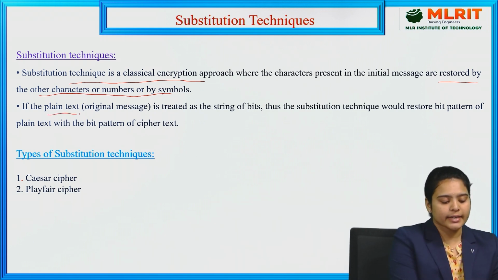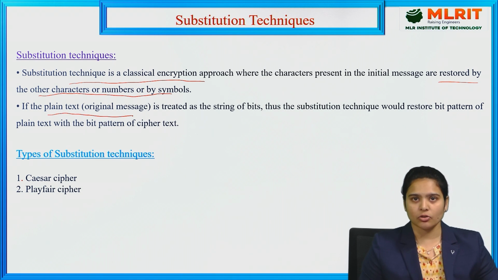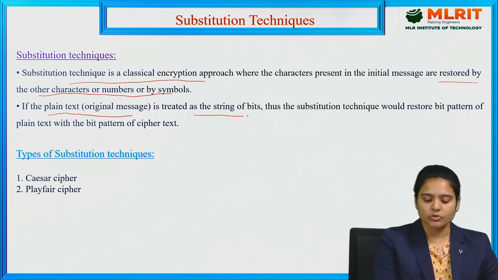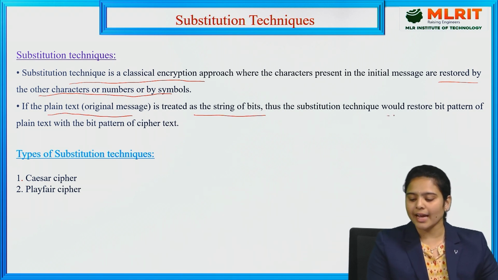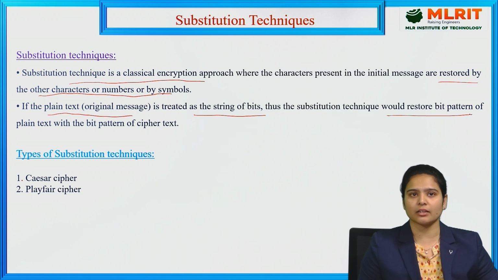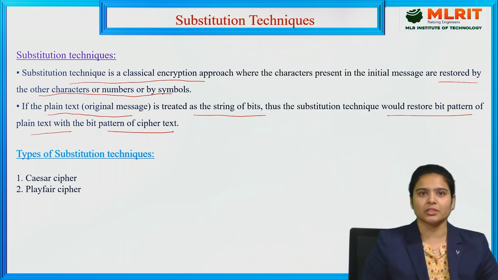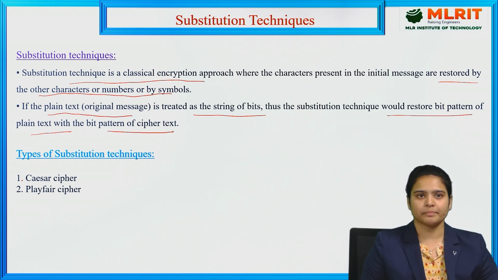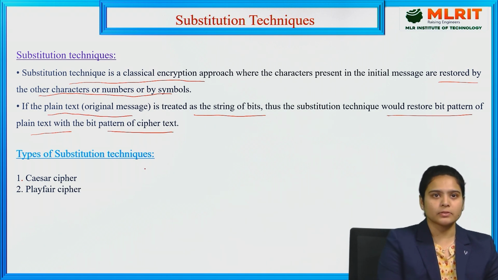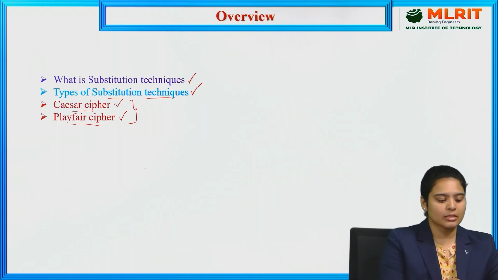It also contains the plain text, which is the original message containing the string of bits. It replaces the bit patterns in the plain text and produces the output of the ciphertext.